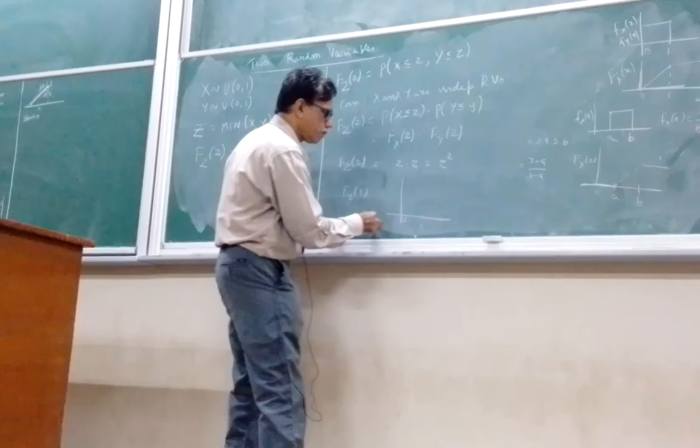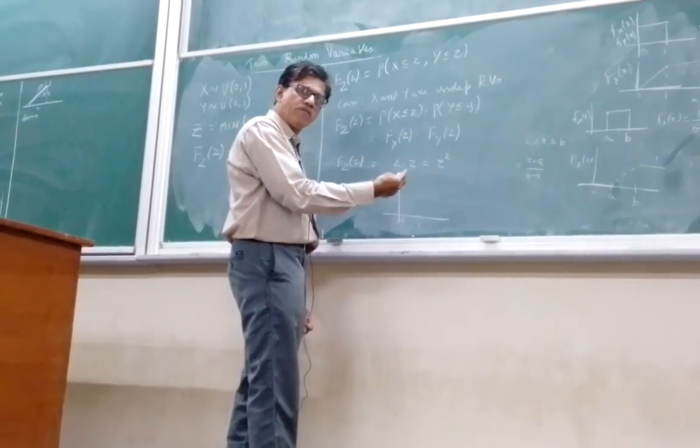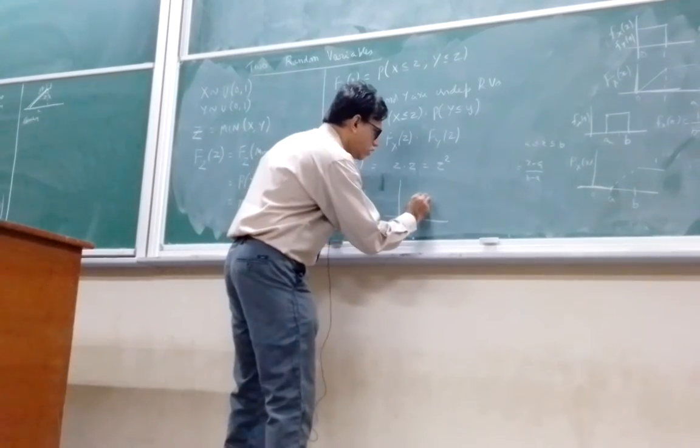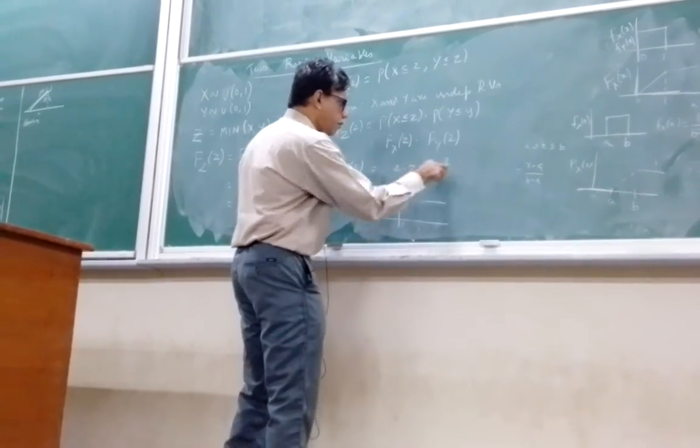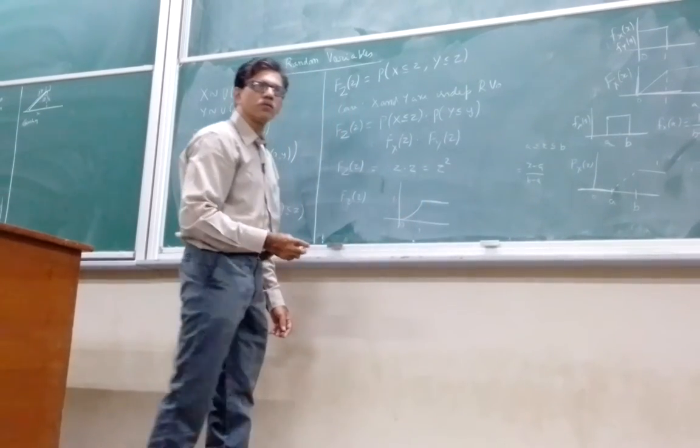So this is 0, and after 1, definitely the minimum of X and Y will be less than 1. So after that it is 1, and up to that it is the square function. It will go like this.